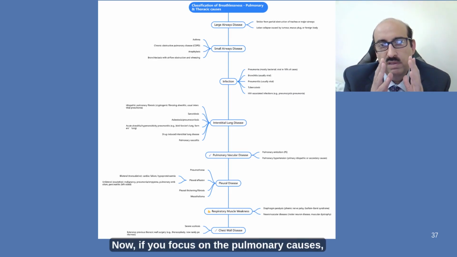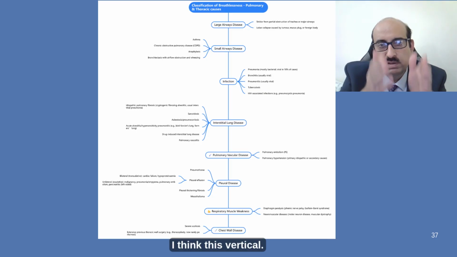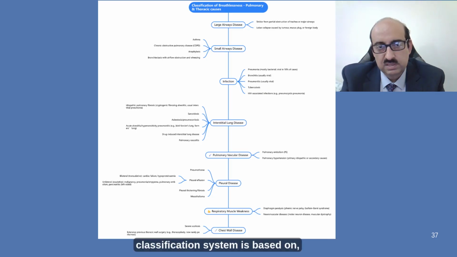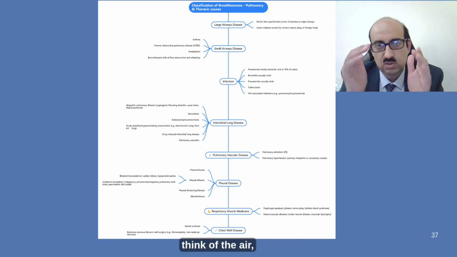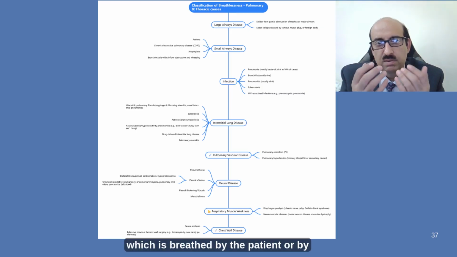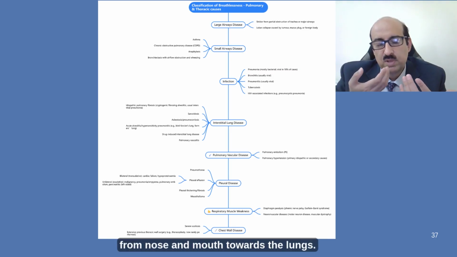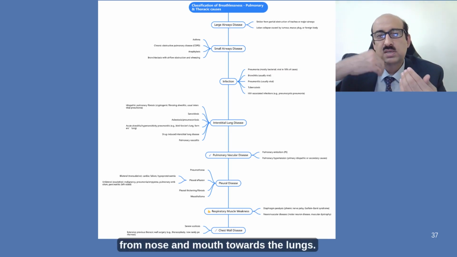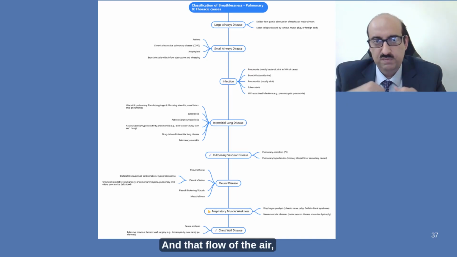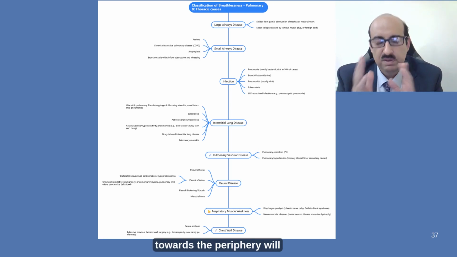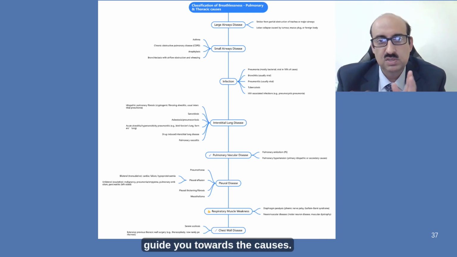Now, if you focus on the pulmonary causes, I think this vertical classification system is based on, think of the air which is breathed by the patient or by anyone, to be honest, from nose and mouth towards the lungs, and that flow of the air, the anatomy or the route taken, and eventually out towards the periphery will guide you towards the causes.